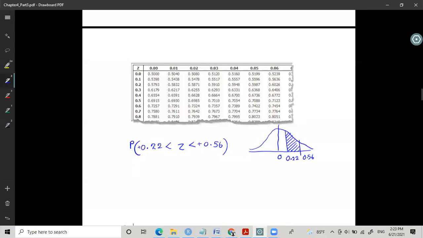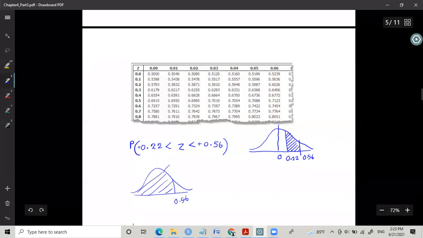Okay, so this is how we do. We read the larger number, 0.56, first. So we read this area first. Can you find that area for 0.56? 0.56 is 0.7123.